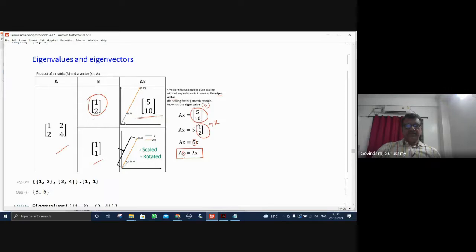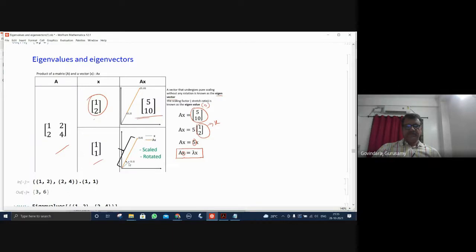And this may not be the case for every value of these x vectors. For example, if I take the 1, 1 vector, you have a column vector 1, 1. If I multiply this with this matrix, I find there's going to be a shift, scaling and rotation. If that happens, your eigenvalues will be a problem here. But what is happening if it is expanded like this, scaled by a factor, then you have Ax equal to 5x.